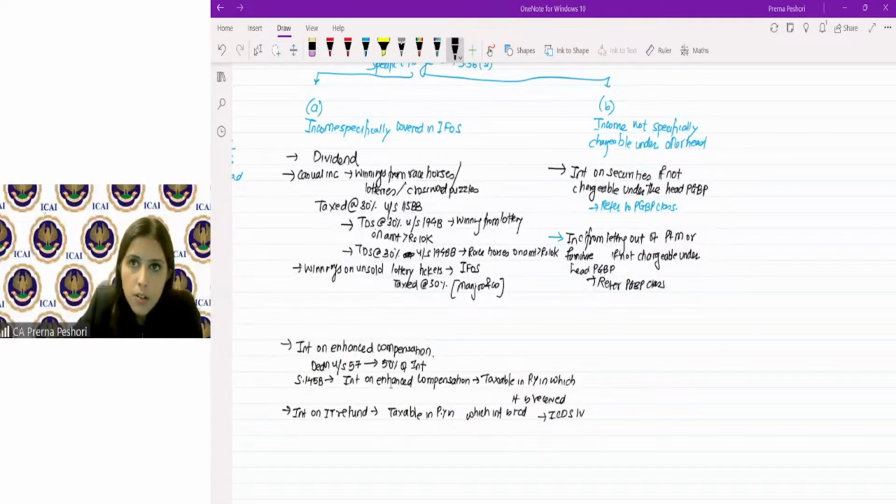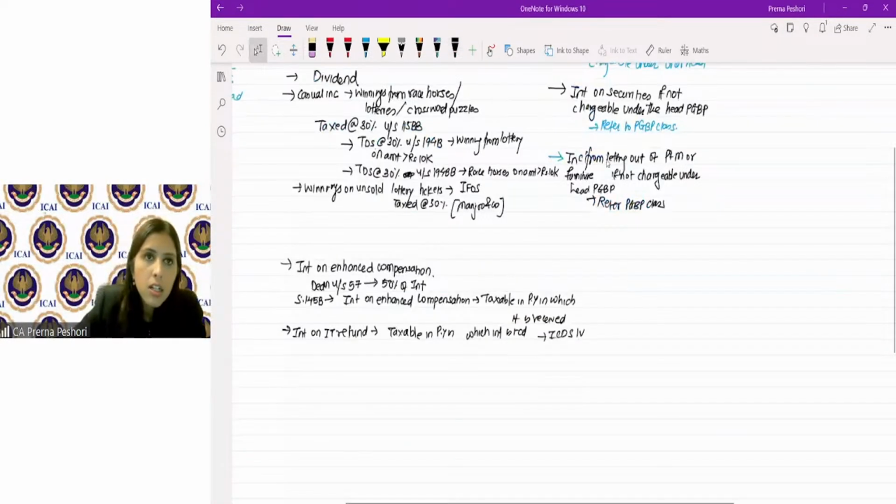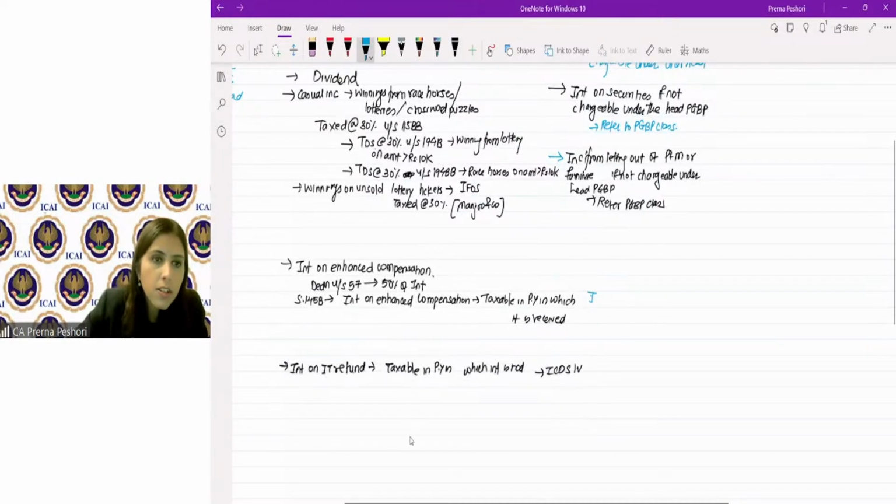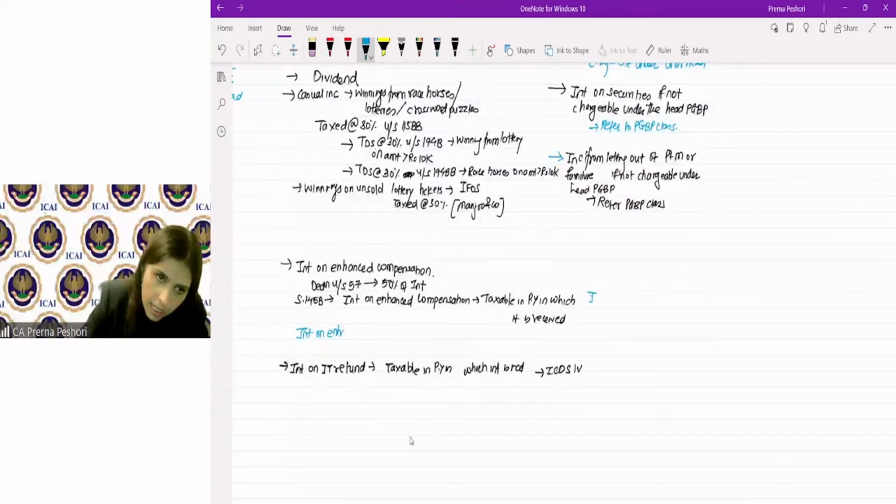So you can just write it over here. Interest on enhanced compensation: capital gain.